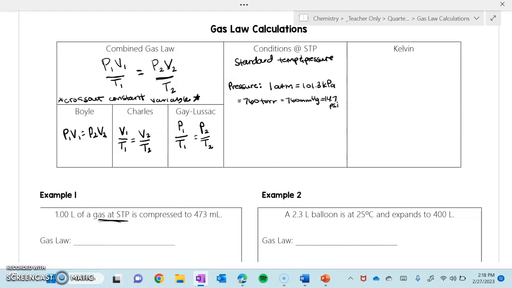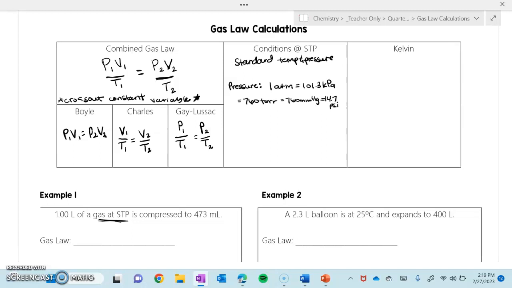Whichever one you pick, that is what your final pressure unit will be in. So if I choose atmospheres, which I think I will do when we solve it, then my answer is also going to be in atmospheres. If you plug in 101.3 kPa for your pressure, then your pressure 2 will also have that same unit. So just keep that in mind when you're solving these.